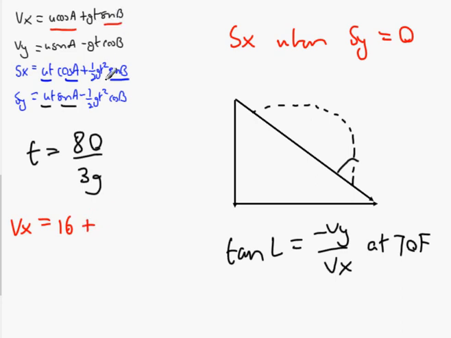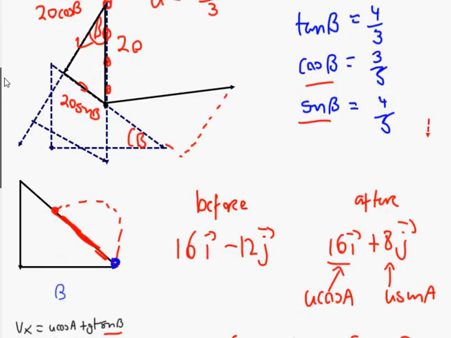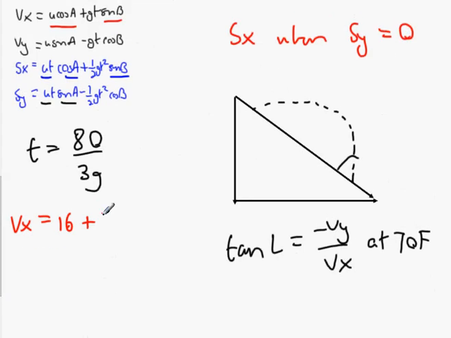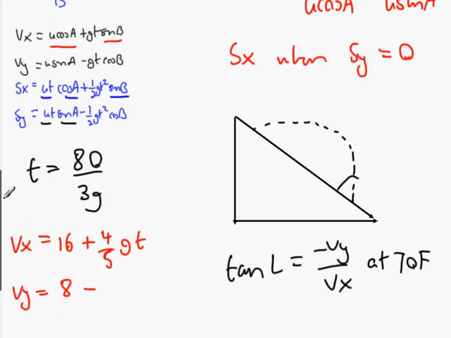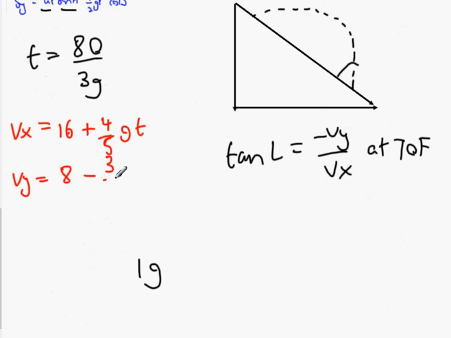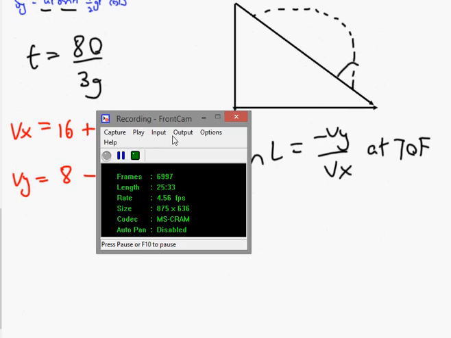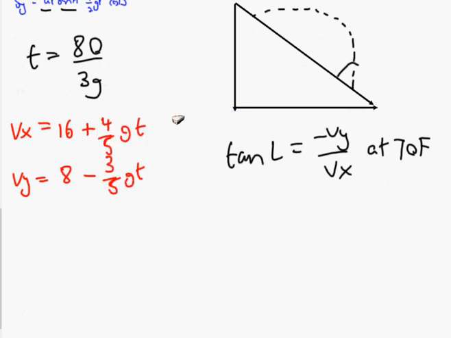What's sine b, lads? Sine b is 4/5. So 4/5 g t. Vy is 8 minus cos b. Cos b is 3/5. 3/5 g t. Now, what we're going to have here, guys, is Vy is 8 minus 3/5 g t.